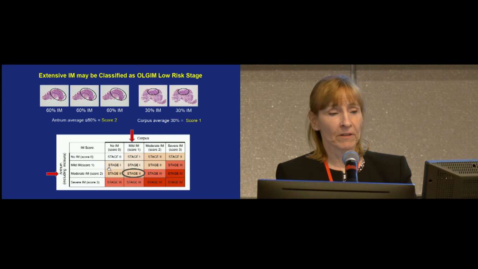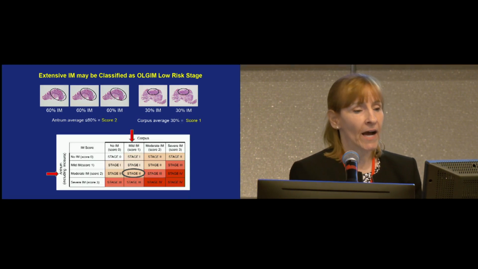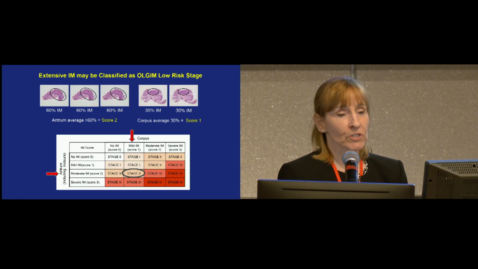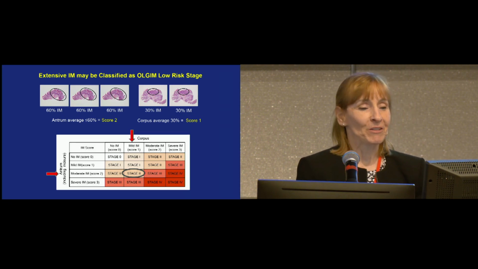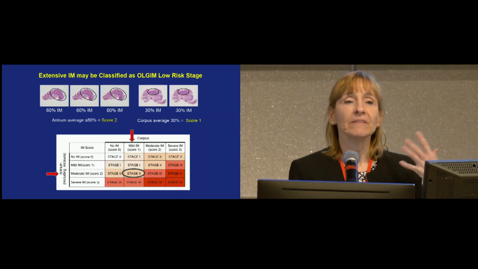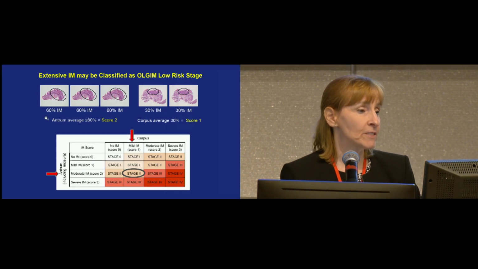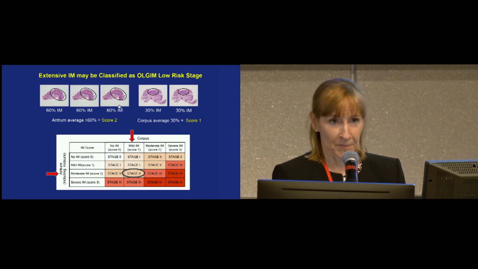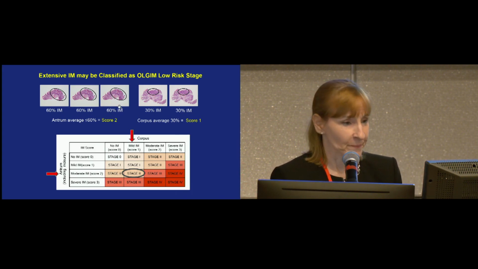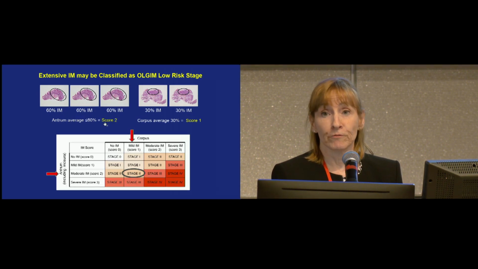And this is another example that I have shown before. You can have intestinal metaplasia in all biopsies and still be a low risk, which doesn't make sense. So all these systems are good, but they have to be interpreted on an individual basis. For example, in this case, if we have 3 antral biopsies here, and all of them have 60% metaplasia, this is a hypothetical example. This 60% will still be a score of 2.